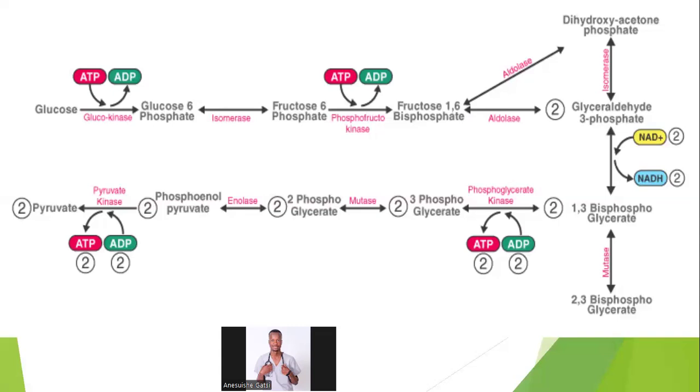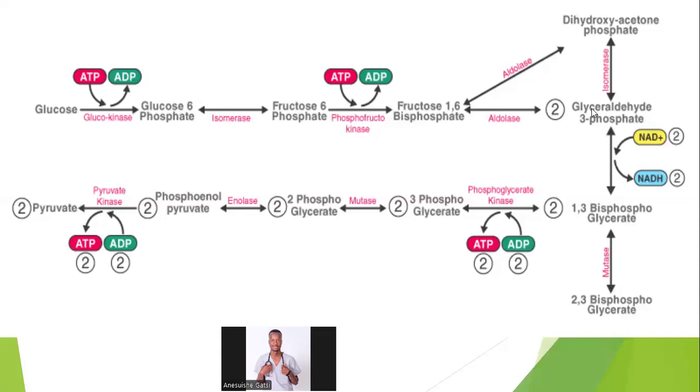The first molecule is called DHAP, which is this one, dihydroxyacetone phosphate. So that's DHAP. The second molecule, which also has three carbohydrate molecules, is called GAP.